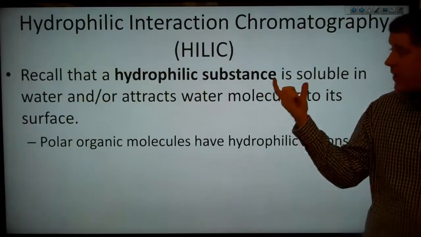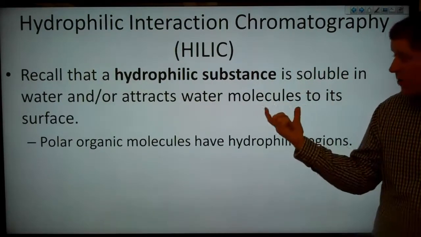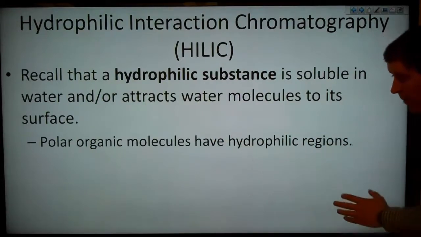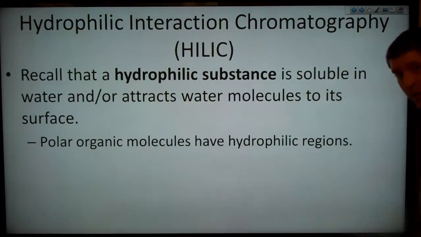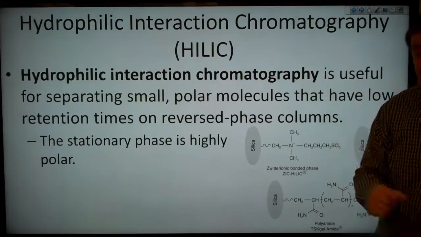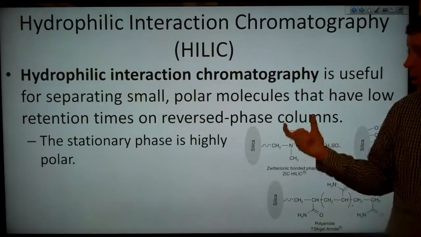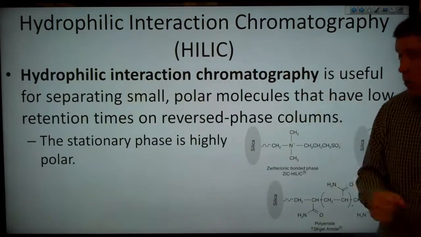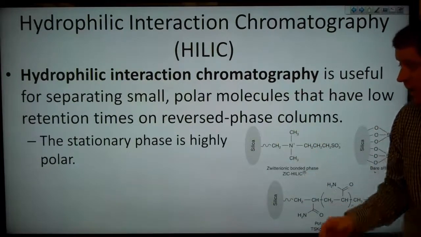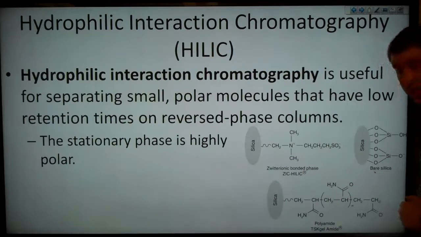Recall that a hydrophilic substance is soluble in water and or attracts water molecules to its surface. So polar organic molecules have hydrophobic regions to them. Hydrophilic interaction chromatography, or HILIC, is useful for separating small polar molecules that have low retention times on reversed phase columns. And the stationary phase is highly polar, and we've got a few examples over here.